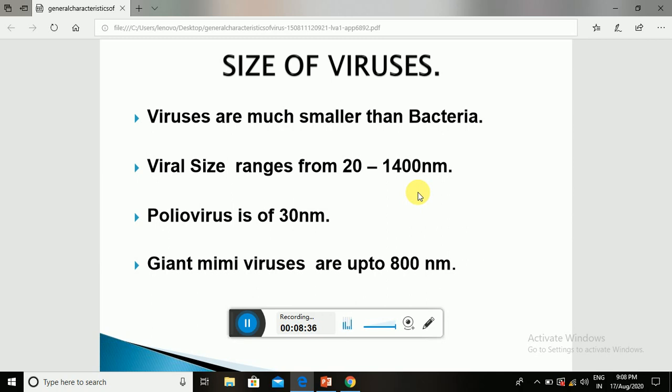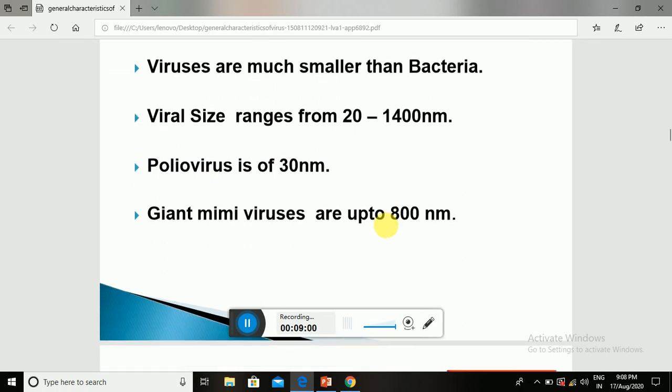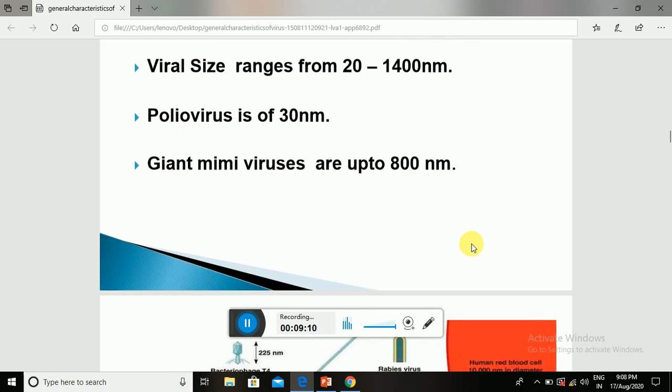Viral size ranges from 20 nanometers to 1400 nanometers. Poliovirus, a human or animal virus, has a size of 30 nanometers. Giant viruses are up to 800 nanometers. The largest virus is the poxvirus, which is larger than the smallest bacterium, mycoplasma.